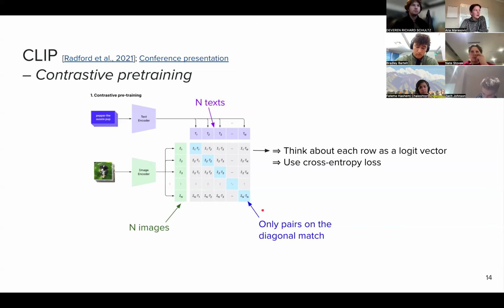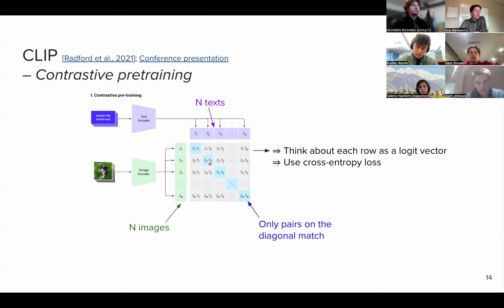So a way to think about this is if you look at this row only, you can think about it as classification into N possible classes, where the true label is 1 here, because the first pair is the true pair. In the second row, you can again think about a classification of a pair where the true label is 2 because the second pair is the true pair.